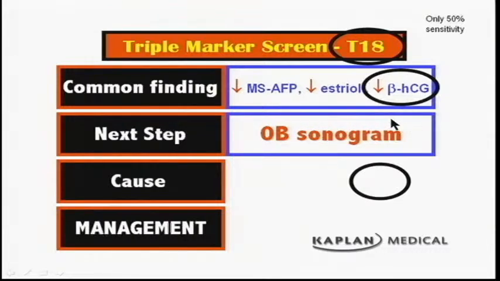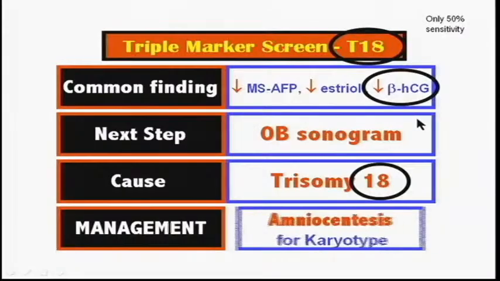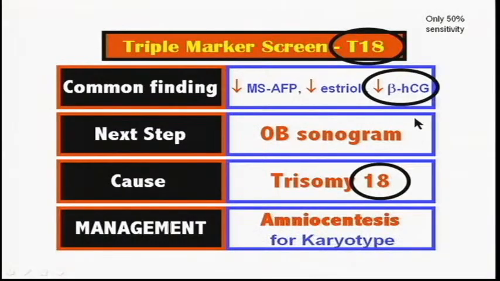And we're going to look for the ultrasound markers which might suggest that there could be trisomy 18. But the only way that you can confirm this with high specificity is amniocentesis. So if we have an abnormal triple marker screen, we will do the ultrasound, and if that doesn't explain it by dating error, we will go to the amniocentesis.